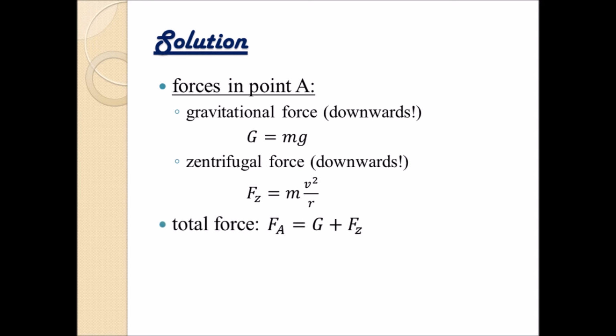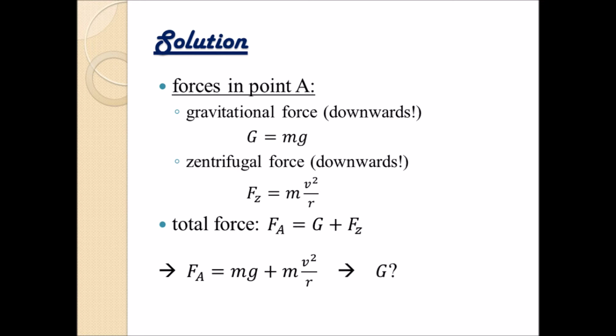Then the total force is simply the sum of the gravitational and the centrifugal force, and we can take our two equations above and put them into one equation and calculate the total force in point A, Fa equals mg plus mv squared divided by r. So yes, we have solved the problem at this point.